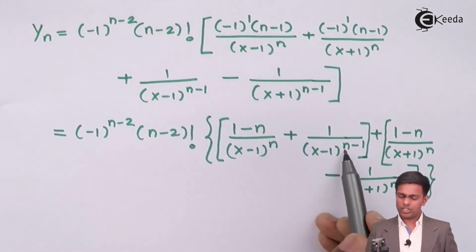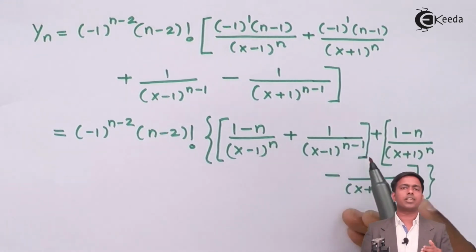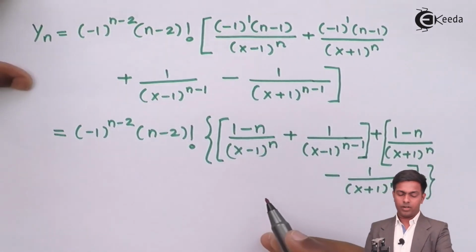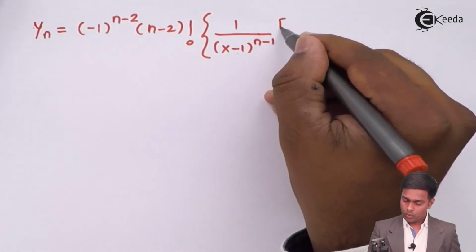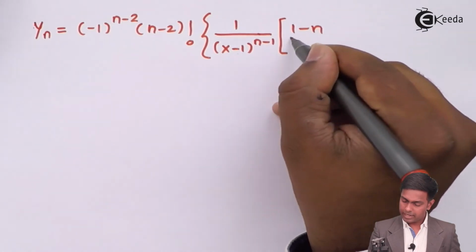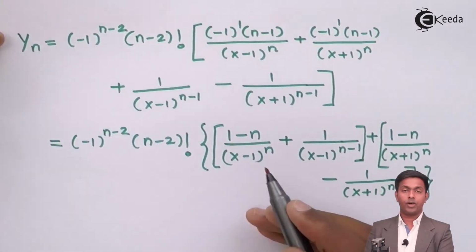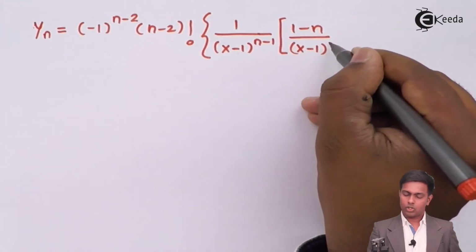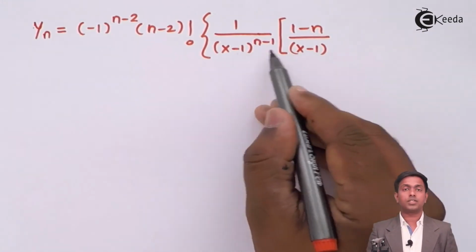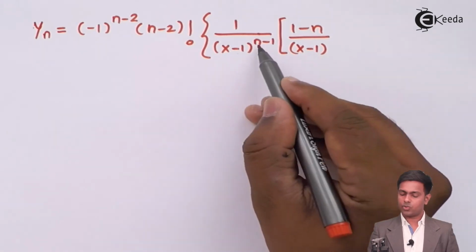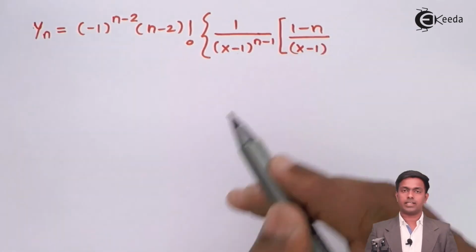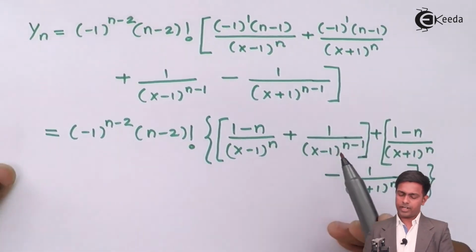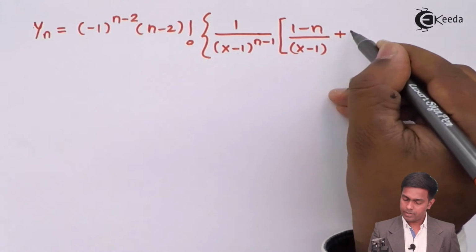The reason is out of these 2 terms, (x minus 1) raised to n minus 1 is the smallest term. So after taking it common, from here we will get (1 minus n) in the bracket upon, here we will get only (x minus 1) raised to 1. So that multiplication of these 2 terms will be (x minus 1) raised to n minus 1 plus 1. So 1 cancelled, (x minus 1) raised to n. Next, from the second term we have taken it common, so only 1 will remain.